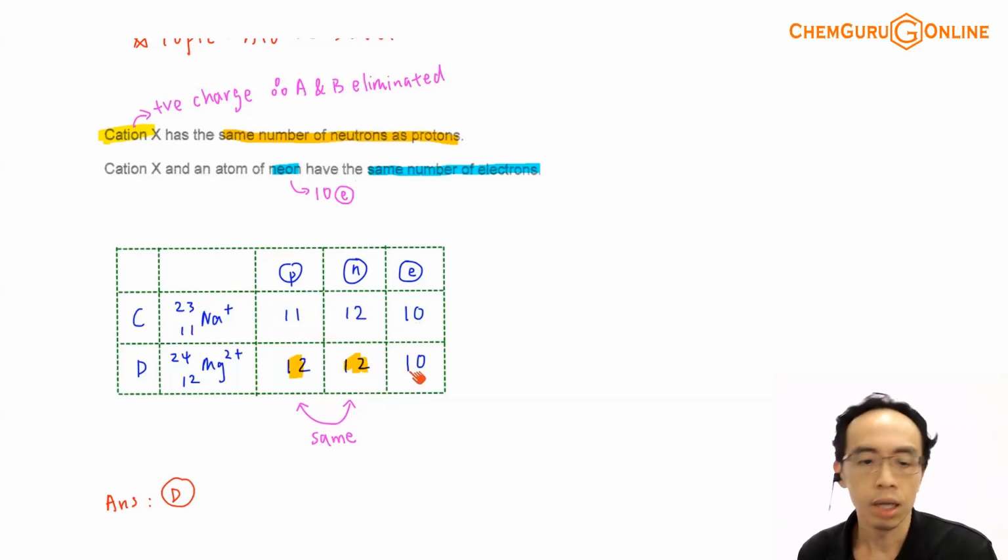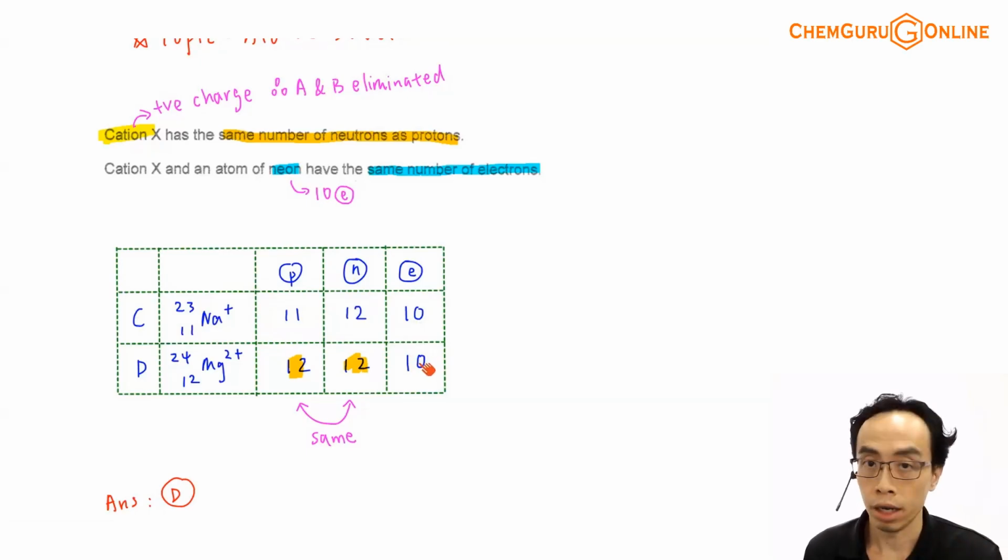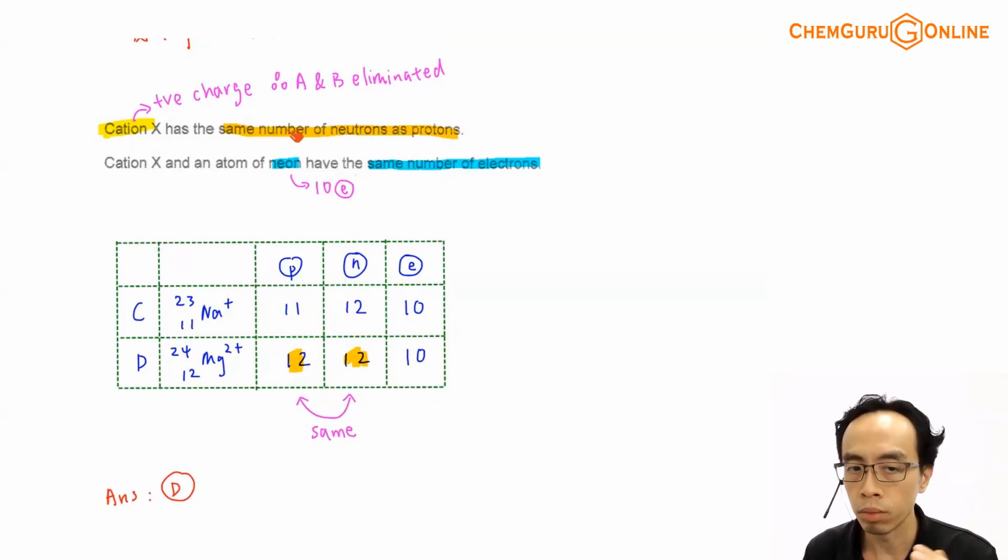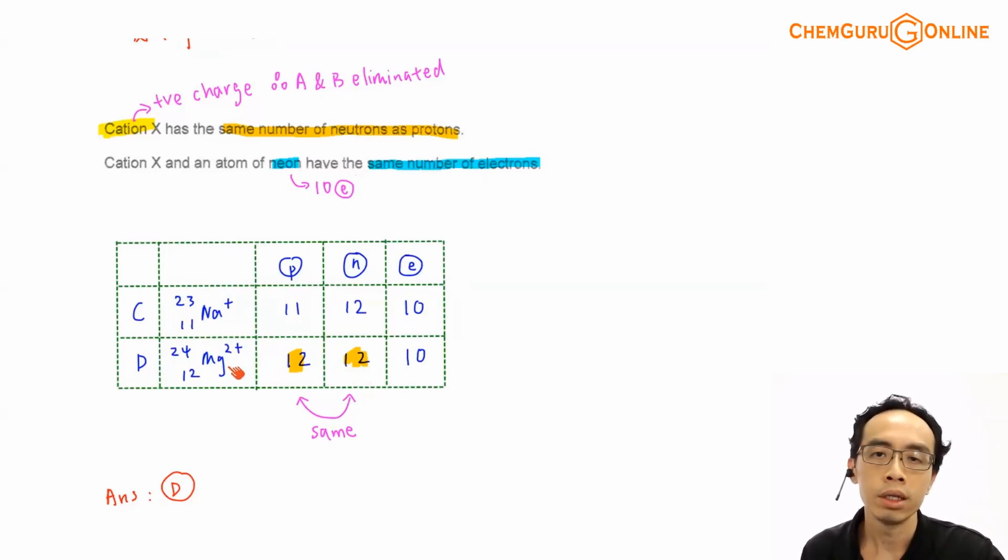Both Na plus and Mg2 plus have 10 electrons, so either one of them fulfills the second criterion. Since we need both criteria to be valid, the same number of neutrons and protons, and the same number of electrons for X and neon, only option D is correct. The answer to question 1 is D.